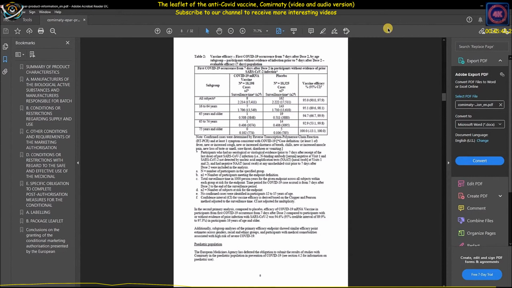COVID-19 mRNA vaccine, NA equals 18,198. Cases, N1. Surveillance time, N2. Placebo, NA equals 18,325. Cases, N1. Surveillance time, N2. Vaccine efficacy, percent, 95% CI.